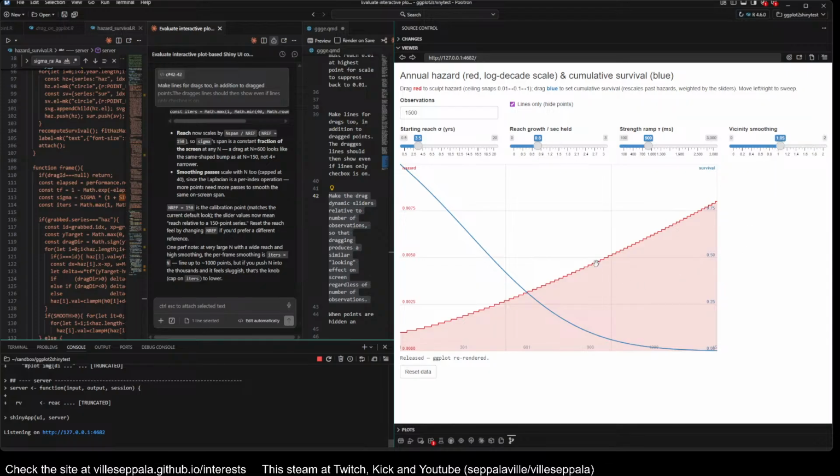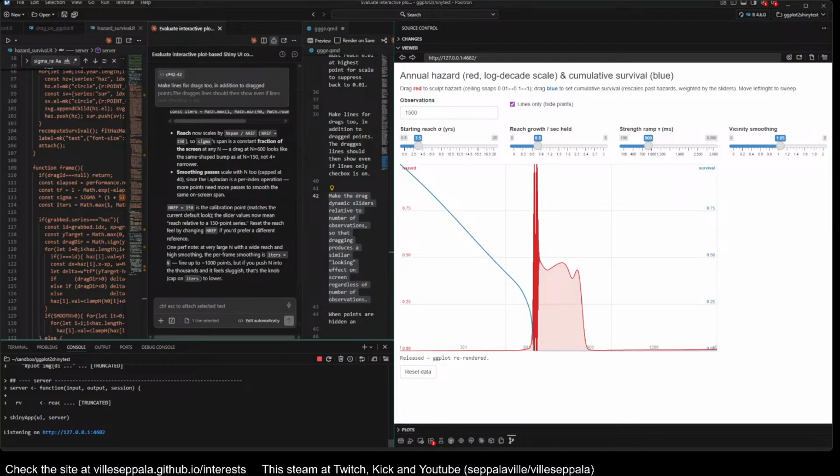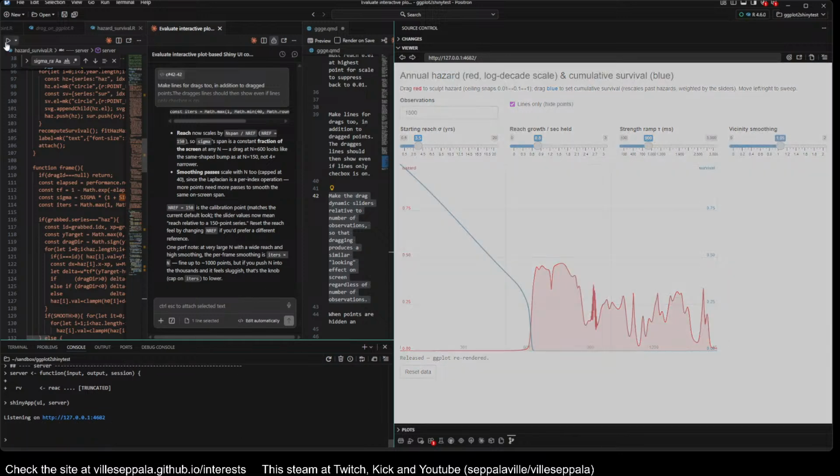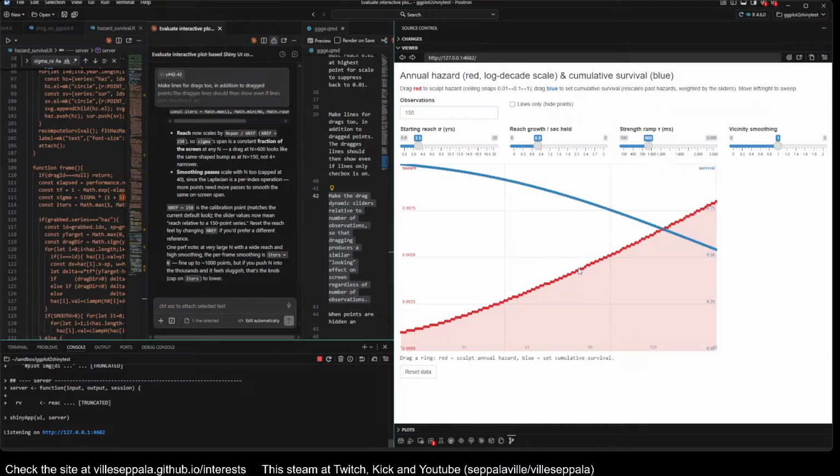Is it because of this one? I don't really know what's causing this.